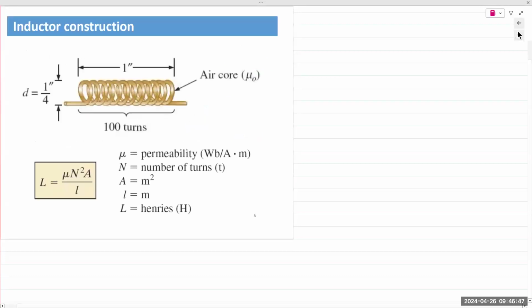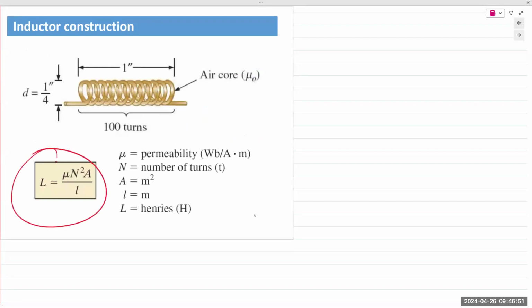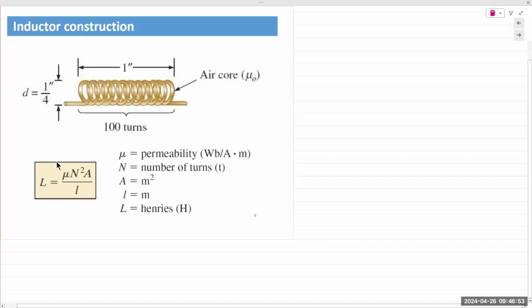Physical construction of an inductor is governed by this equation. Inductor value L is given by mu N squared A over l. That l is the lowercase l; it stands for length. This is not one, this is length, the length of the inductor coil.